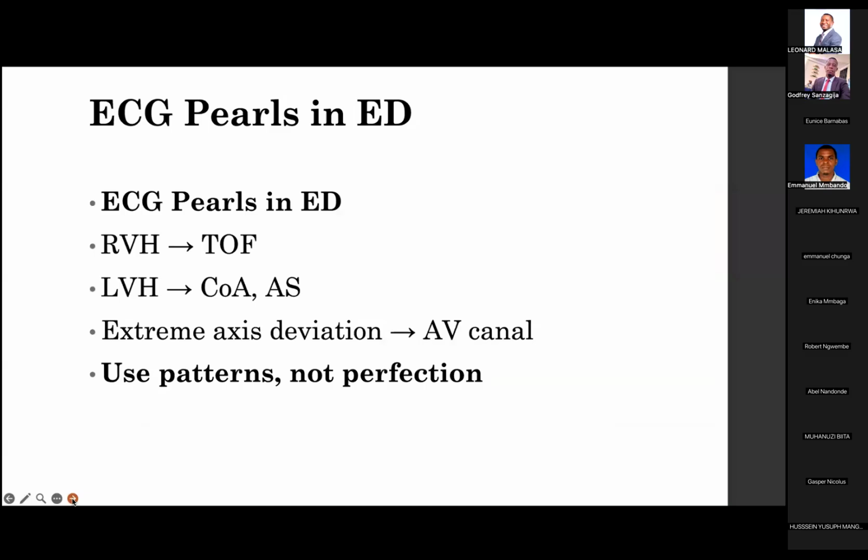And ECG pearls, now I'm not really a fan of ECG in kids, but when you have to do it, you will find signs like right ventricular hypertrophy, left ventricular hypertrophy, in coarctation of the aorta, extreme axis deviation, and it's more about using patterns rather than being perfect and saying, oh, you know what, yes, this is RVH, so this must be TOF. No, I find a combination of all of this.